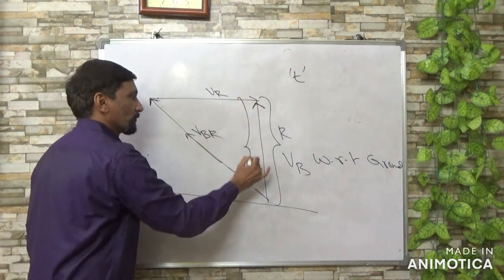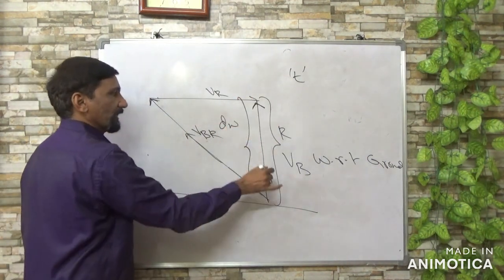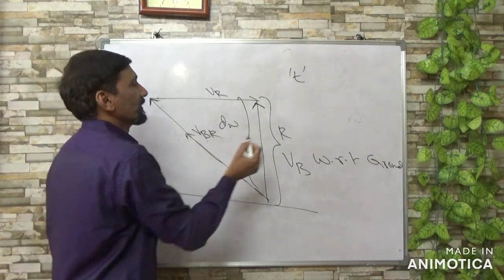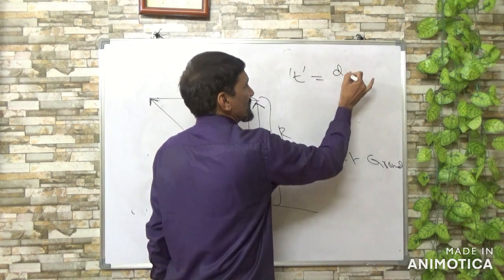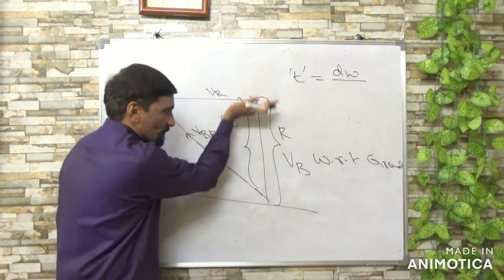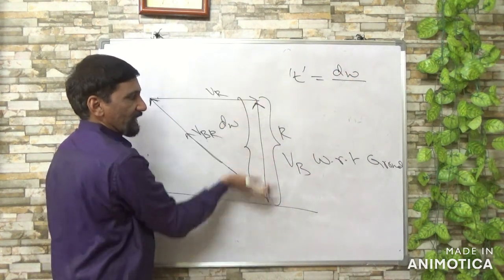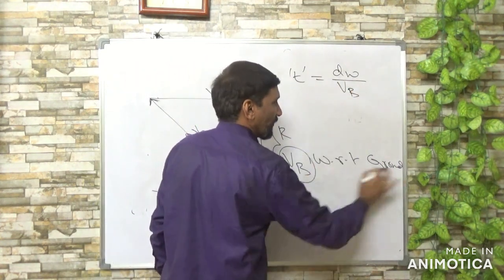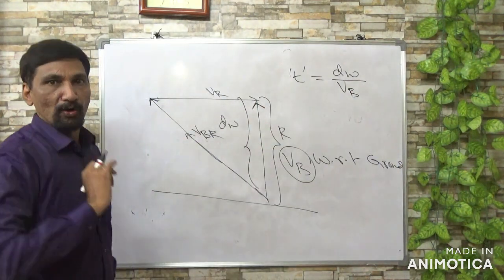Let us assume dW is the width of the river. Then the time taken is the width of the river by the corresponding velocity in that direction, which is VB, the velocity of the boatman with respect to ground.